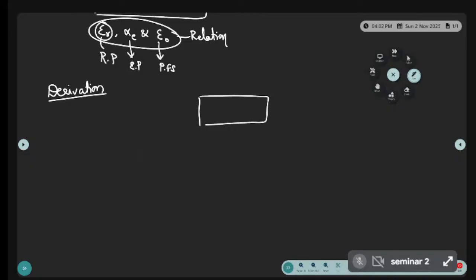Which type of solid? A solid free from ions and with no permanent dipoles. No ions, no dipoles.